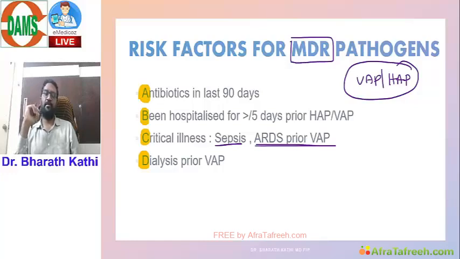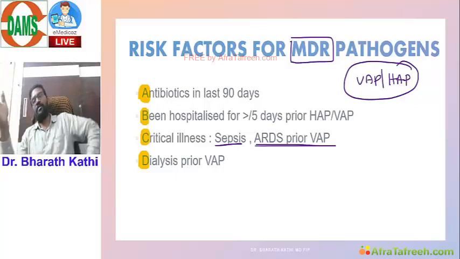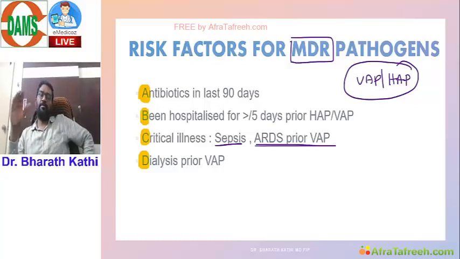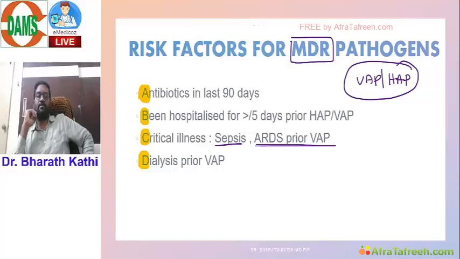Or the patient is in the hospital and has been referred to you for ventilator-associated pneumonia on the 10th day. So it means the patient has been hospitalized for many days, and the patient's defense mechanisms are not proper. So the organisms responsible for the disease might be stronger, bad MDR pathogens.